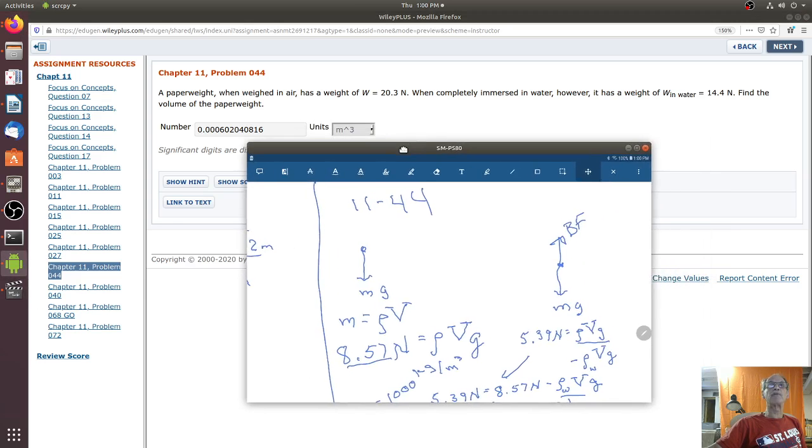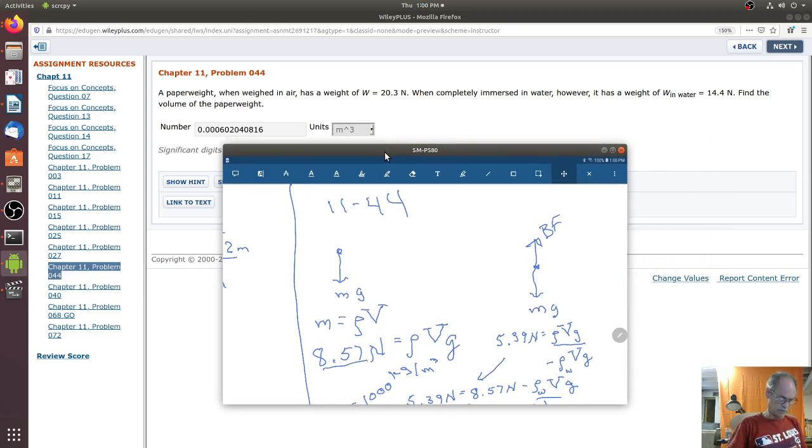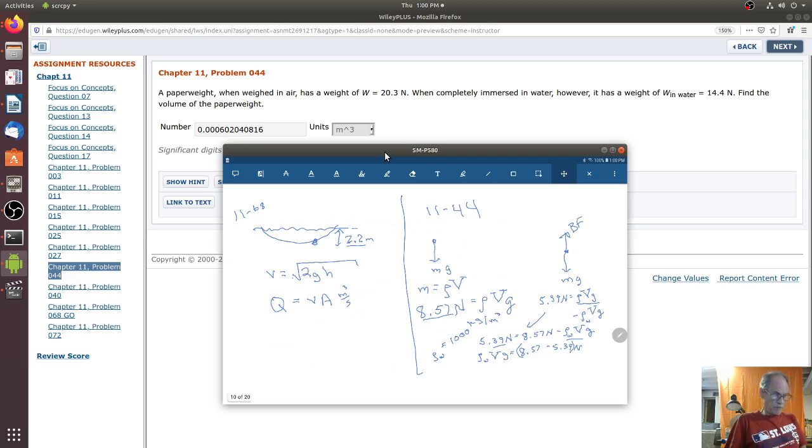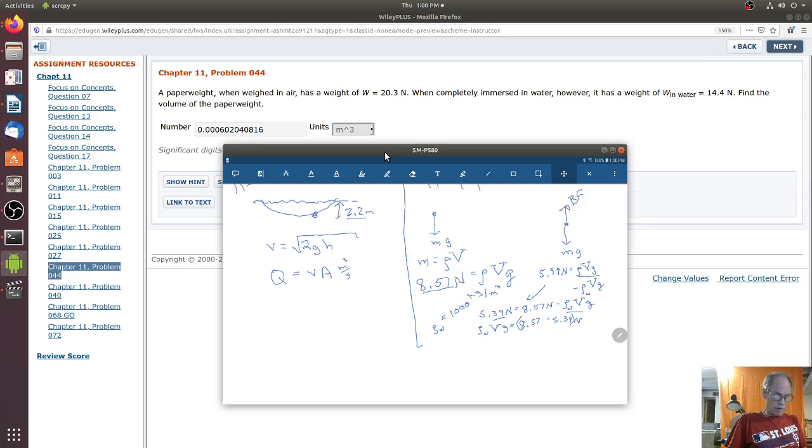Here's how that problem would go. When I weigh it in air, we ignore the buoyancy force of air, then the reading on the scale would just be mg. M is equal to rho times V. That's a formula that I'm using routinely here.